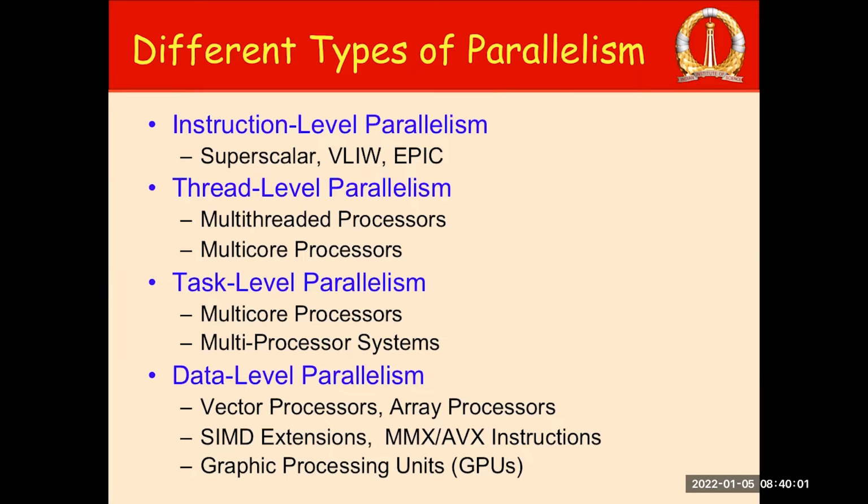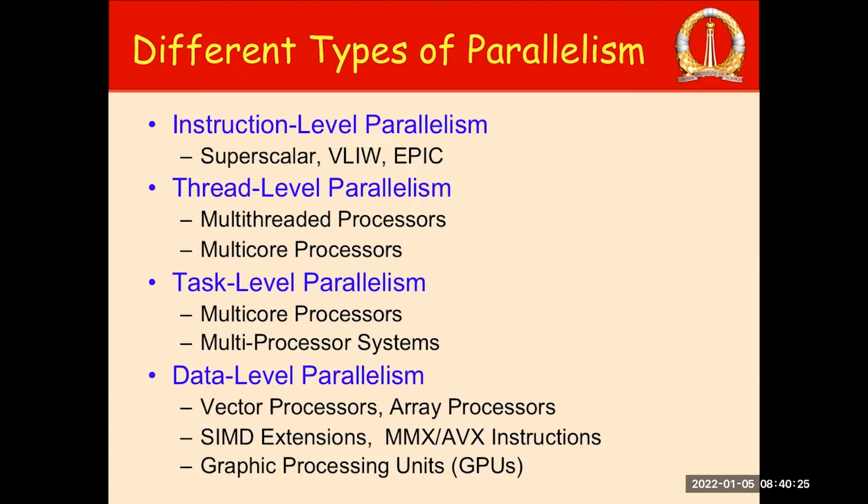In today's context, data level parallelism is exploited even more in graphics processing units, where multiple threads execute the same instructions together on different data items. This parallelism is also called SIMT parallelism, single instruction, multiple threads. But these are all different forms of data level parallelism, right?